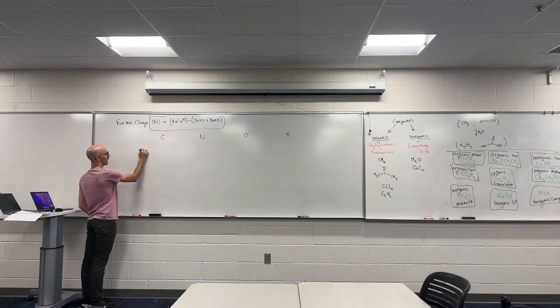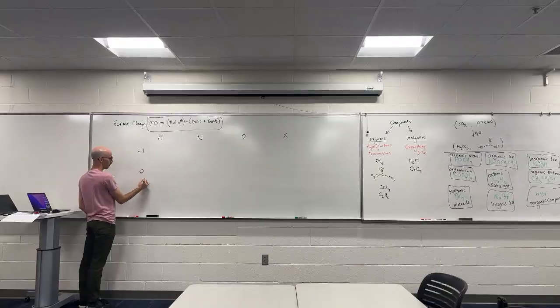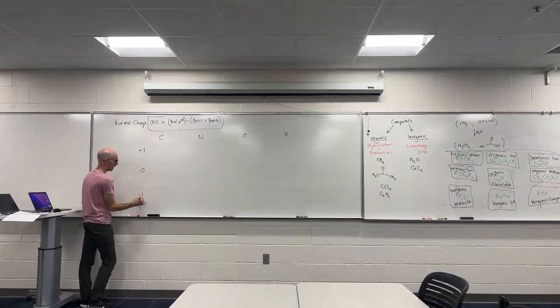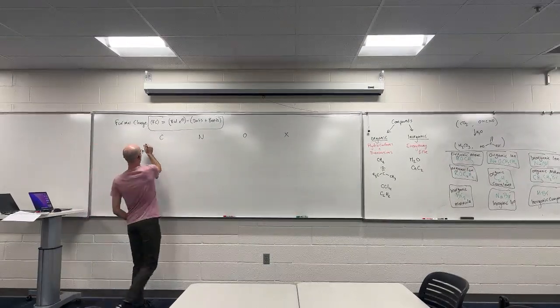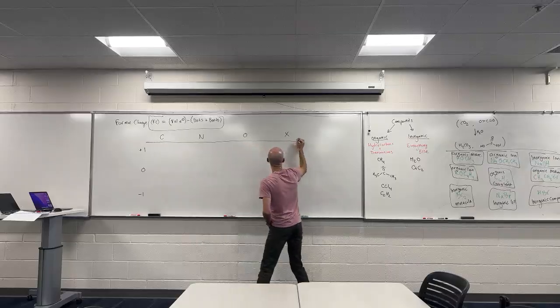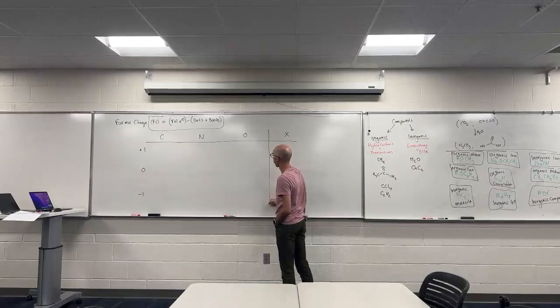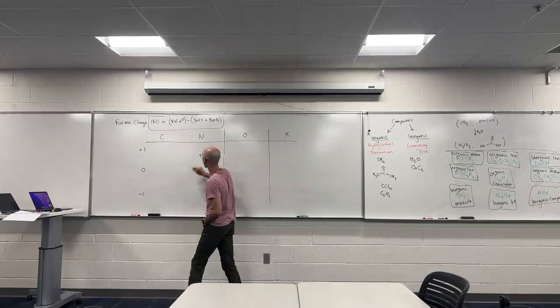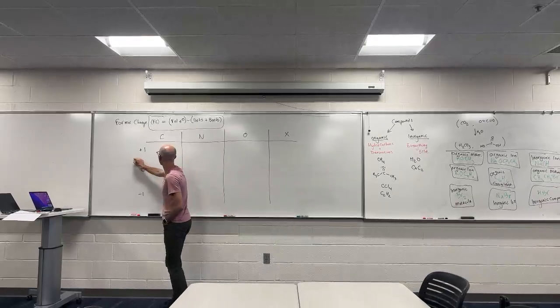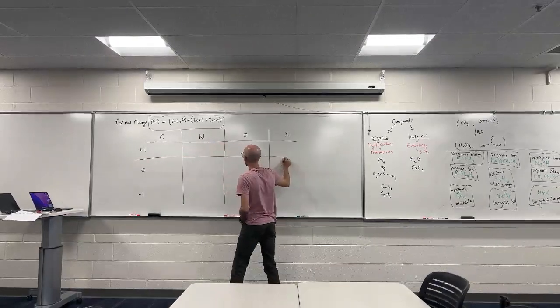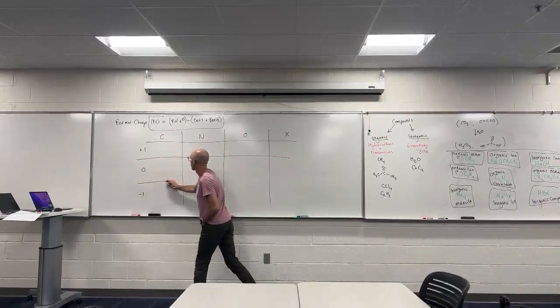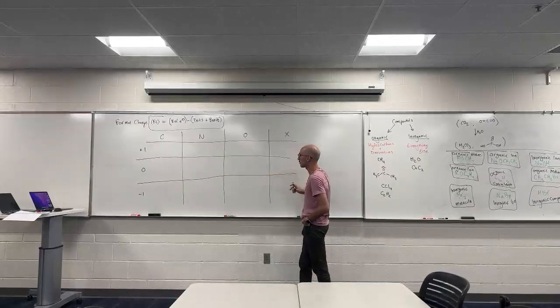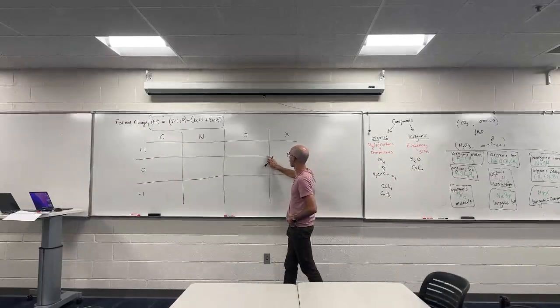Vertically, I want us to have a +1, a neutral, and a -1 row. So we're going to build this table, and we're going to look at all of the most common bonding patterns that give us these formal charges on our key players.